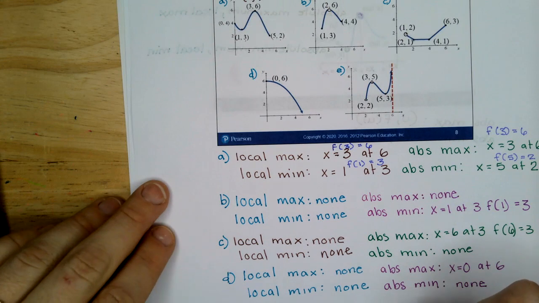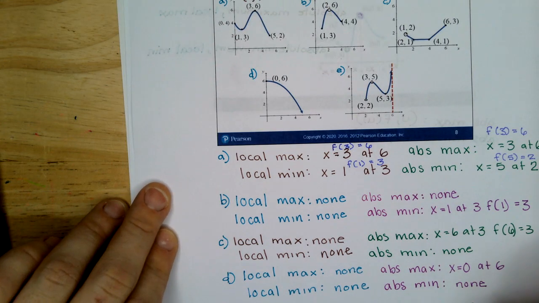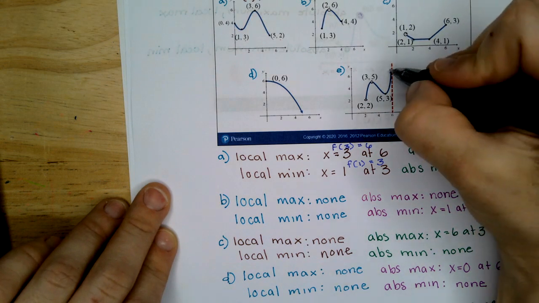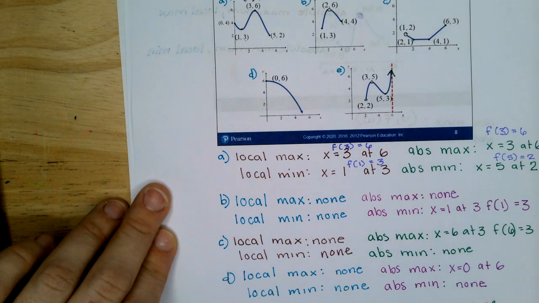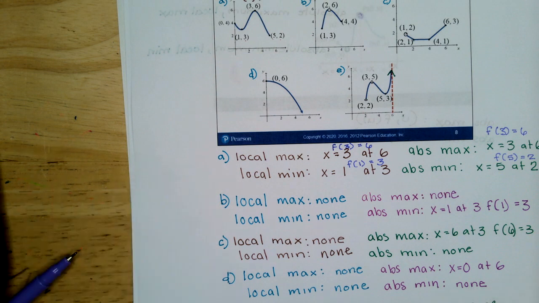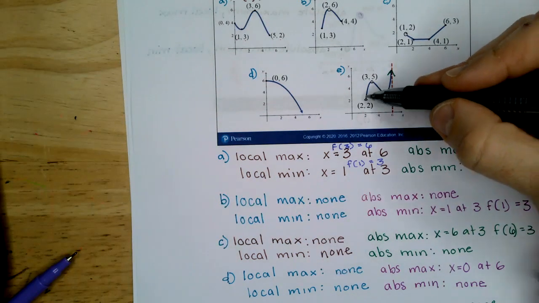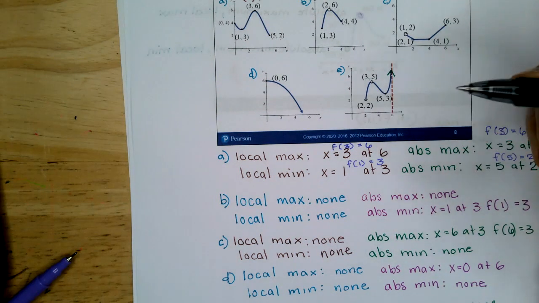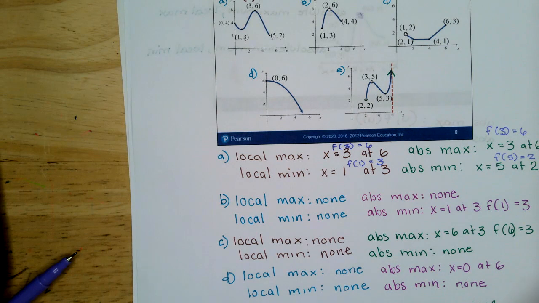Absolute maximum. There's none because that is an arrow going up forever. Excuse me. Absolute minimum, there is again none because this is the lowest point, but it's omitted, so we don't know what the next lowest point would be.